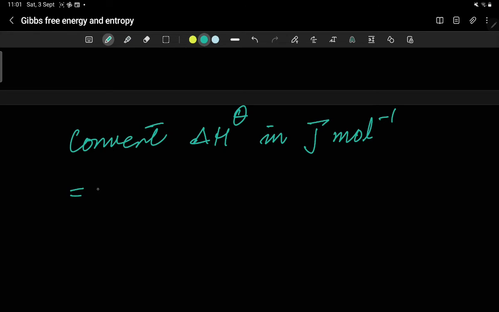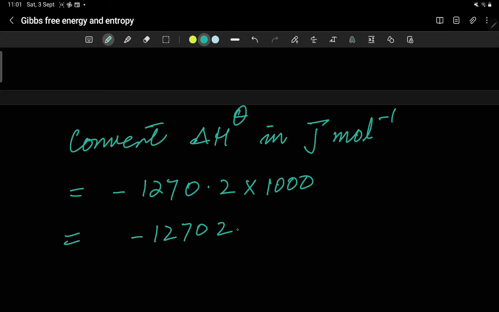So this is minus 1270.2 times 1000, which is equal to joule mole inverse.